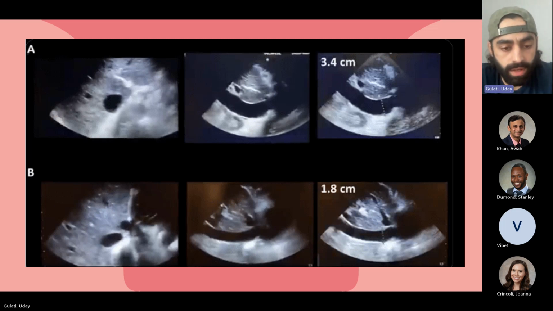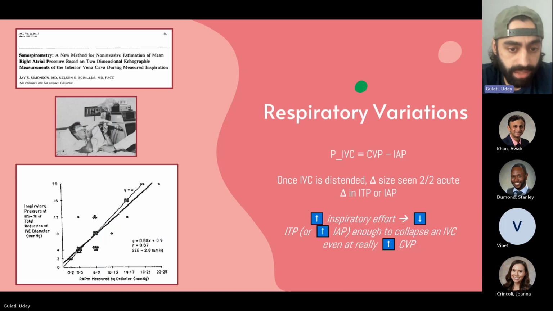All right, so where we were. Basically you have two cases here where there's evidence of a plethoric IVC, one diameter larger than the other. The common teaching is that you can correlate the IVC diameter, plus or minus respiratory variation, with your CVP. Those studies were initially done with the idea that if I'm ultrasounding a patient who has a Swan-Ganz catheter in, I can correlate the CVP pressures.